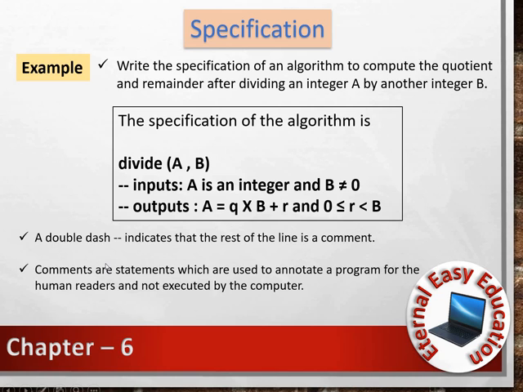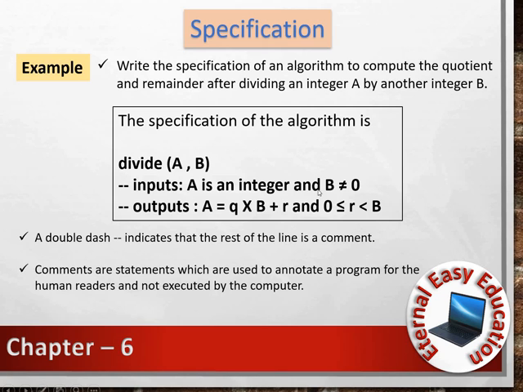So here the double dash indicates that the rest of the line is a comment. This comment is very useful in programming. Comments are statements used to annotate the program for human readers and are not executed by the computer.